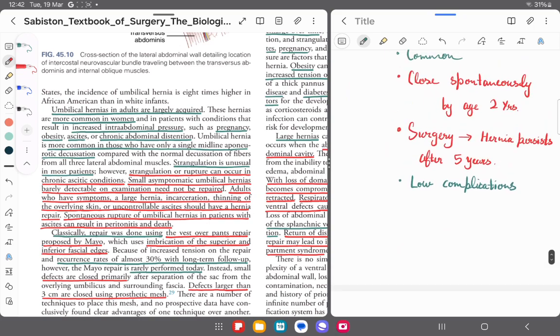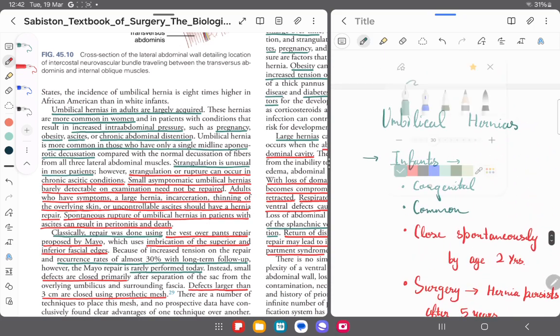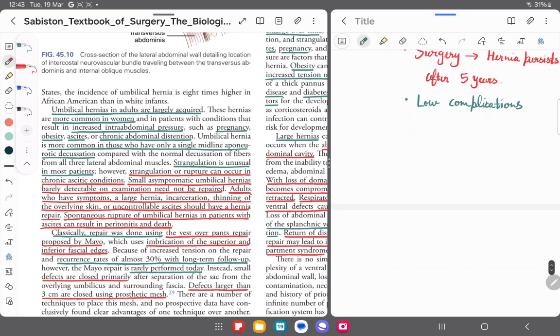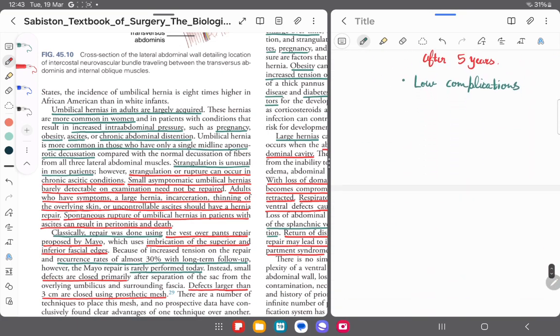So now let us talk about the adult umbilical hernias. So this was infantile umbilical hernias, and now we'll talk about adult umbilical hernias.